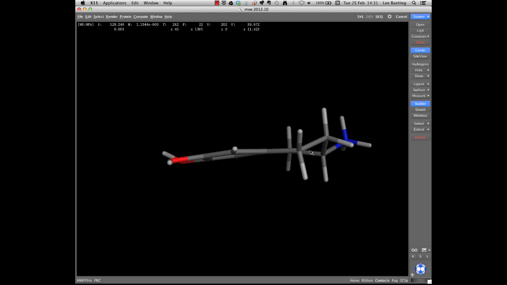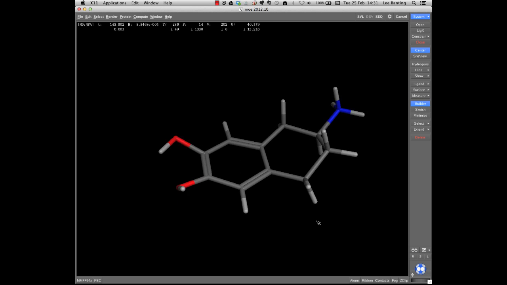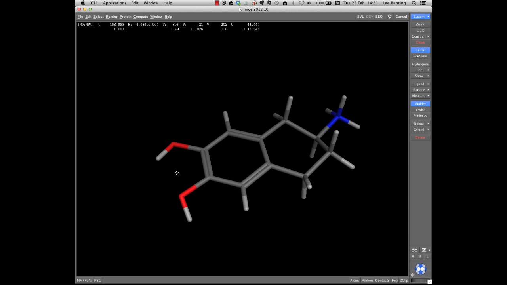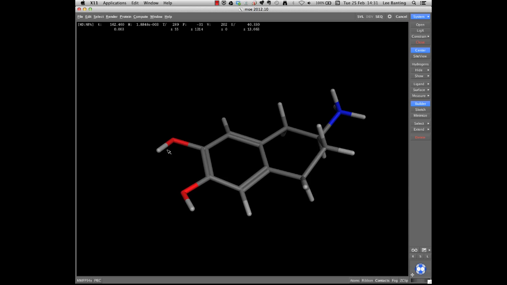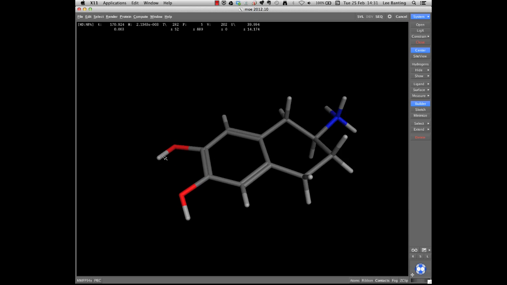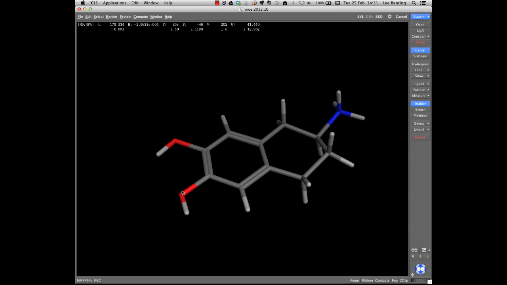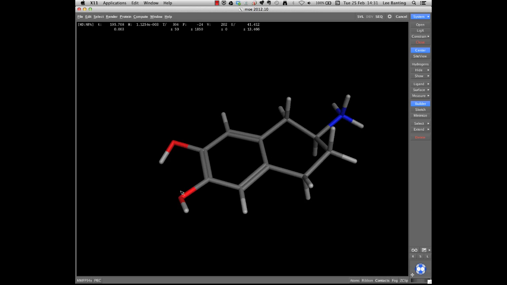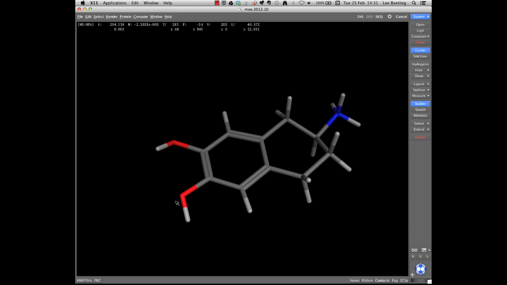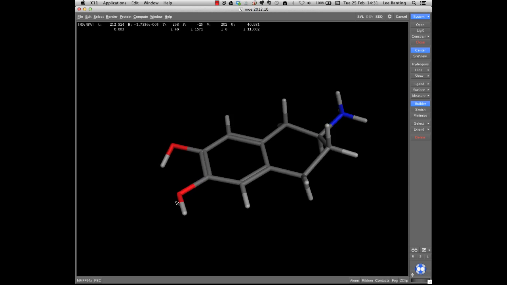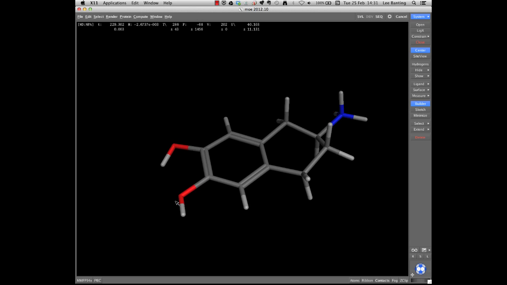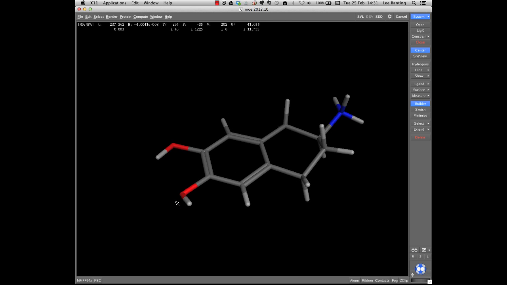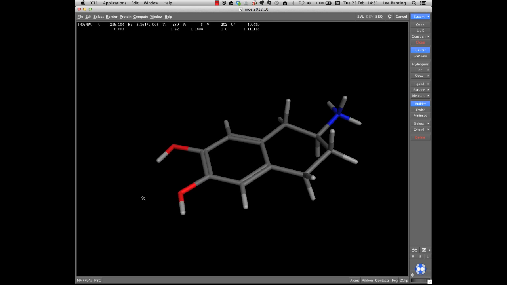The aliphatic ring is quite happy where it is, and that substituent is quite happy where it is as well. You can see periodically that this OH group gets close to that oxygen and interacts with the oxygen to give a hydrogen bond, and that's reported every so often by a light blue line. There you go, it's just appearing there.